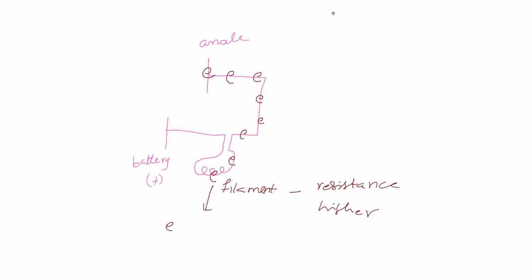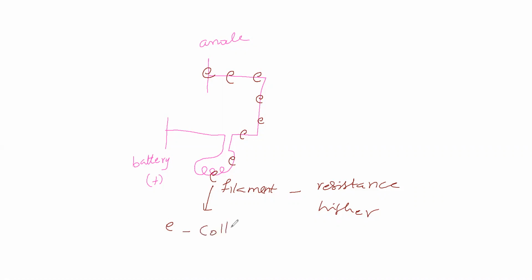Now we will see this higher energy electron. This electron has higher energy because of this. Now this higher energy electron will go for collisions with filament electrons.